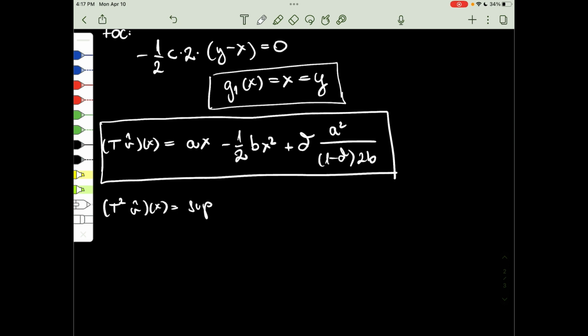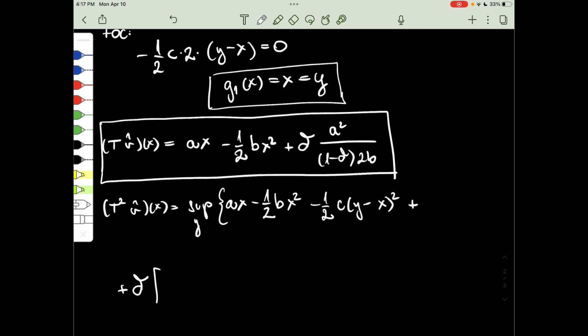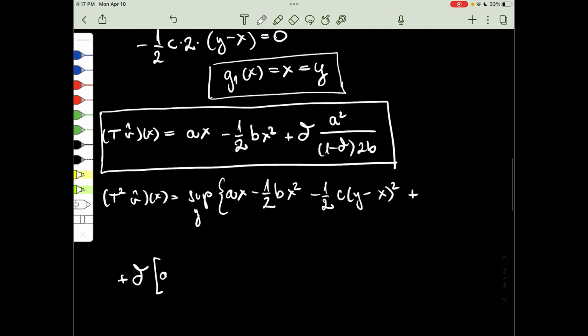So we write down the Bellman equation with the value function in the second part as the value function we received in the previous round. So this is the one period return function, and here comes the value function of the previous round, evaluated at next period's optimum capital stock.